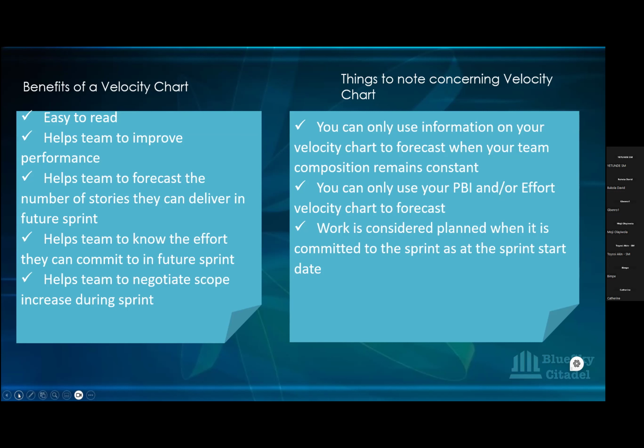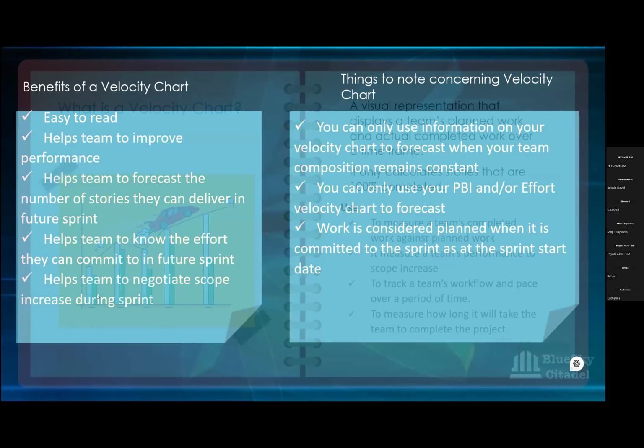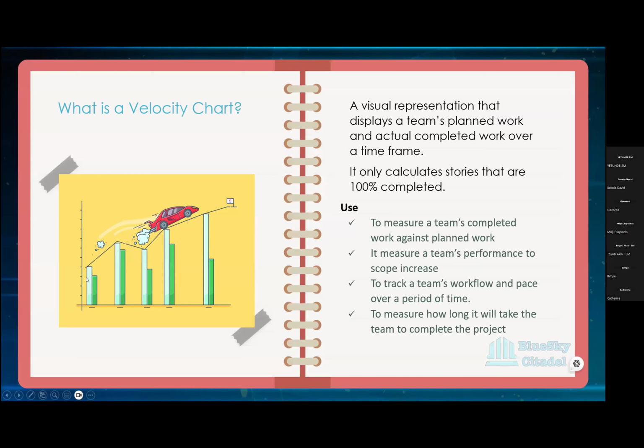And also, your work is considered planned when it is committed to the sprint at the sprint start date. I'll explain what I mean by that. If you want to see this, the light blue is planned, and the green is what is completed. So if you want to see this bar on your chart, you have to make sure that you've committed to all your stories at your sprint start date.